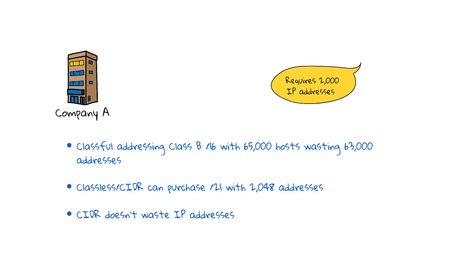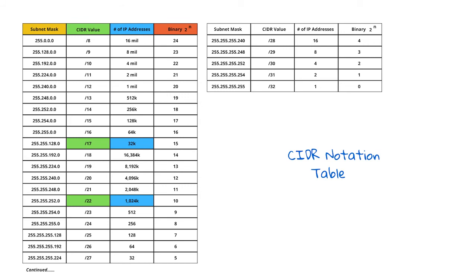This limits the wasting of IP addresses. Classless addressing means that you can allocate addresses according to network requirements. So you can get a /28 address that will give you 32 addresses, something that was impossible with Classful addressing.